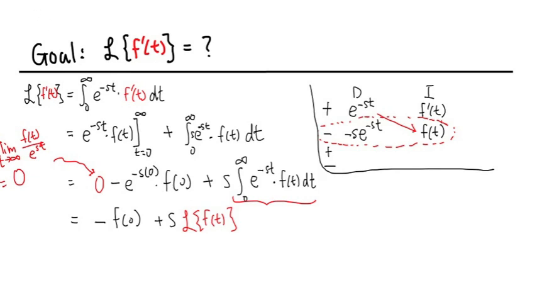So in another word, we'll be able to reduce the Laplace transform of a derivative into negative f of 0 plus s times the Laplace transform of its original function. And the usual way that we like to write this is put the s times the Laplace of the original in the front, and then minus f of 0. And we are done. This is a very useful formula that we're going to use to solve differential equations.